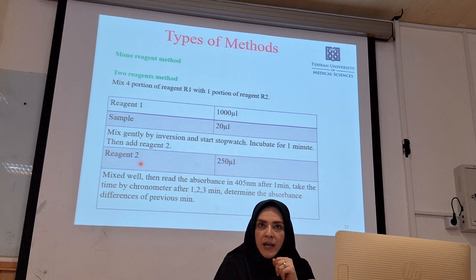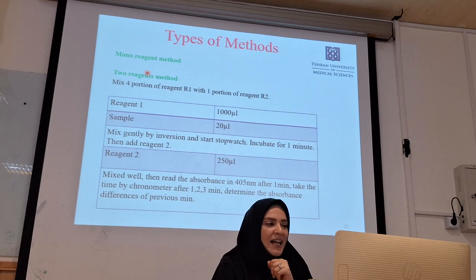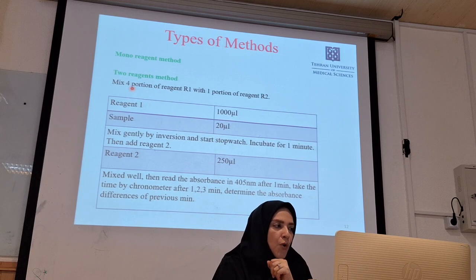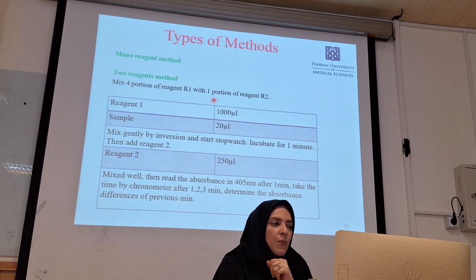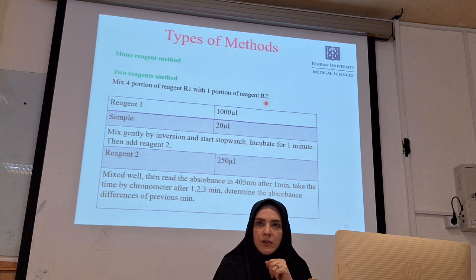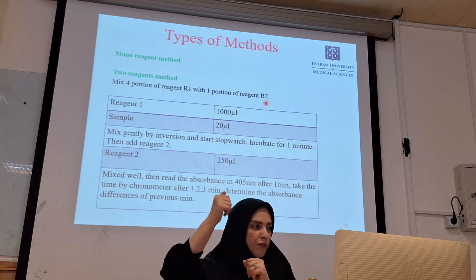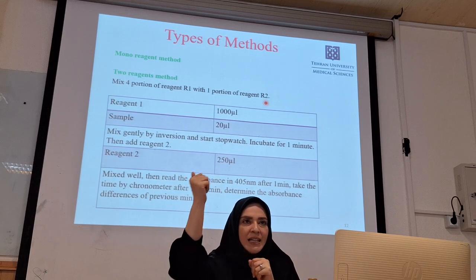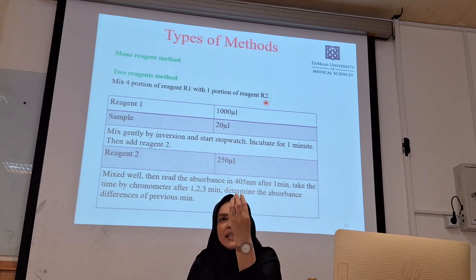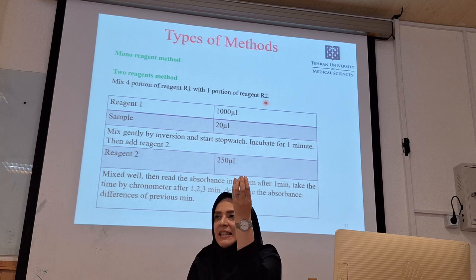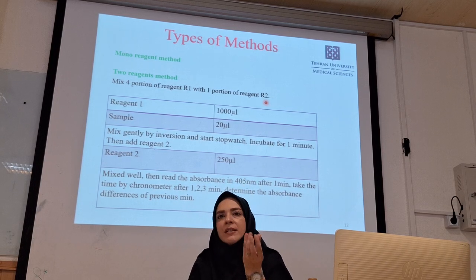In a simple method, Mrs. Haddadi mixed 4 portions of reagent 1 with 1 portion of reagent 2. For example, 1 from 4 milliliter and mix it. Now it is ready to use. And this solution is known as a working solution.